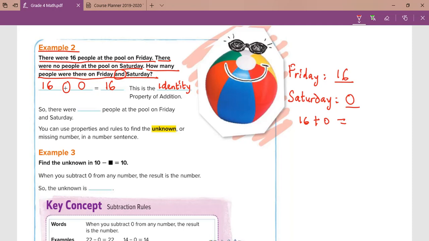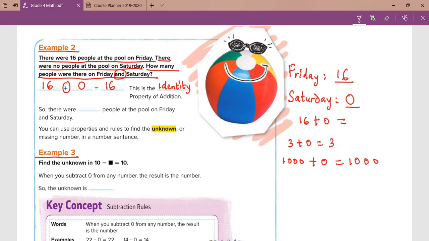What it means is that any number added to 0 is going to give you that number. For example, if I say 3 plus 0 is still going to give me 3. 1000 plus 0 is still going to give me 1000. That is it.